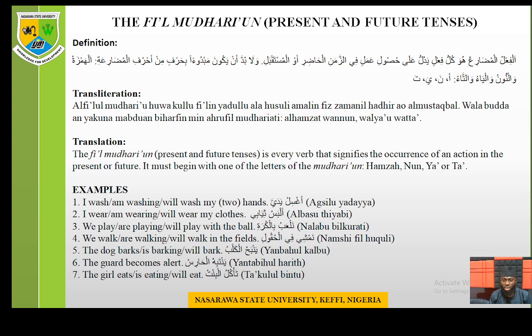And if he used to wash his hand every day, and he said aghsilu yadayya, you may need to add every day here, which is an adverbial of time. You will use aghsilu yadayya kulla yawmin. Kulla yawmin is what? Every day. So in English, you can refer to all these categories of the tenses under this only one example, aghsilu yadayya.